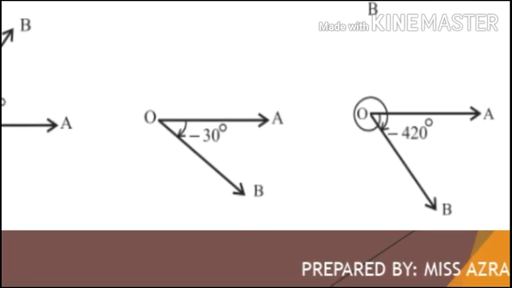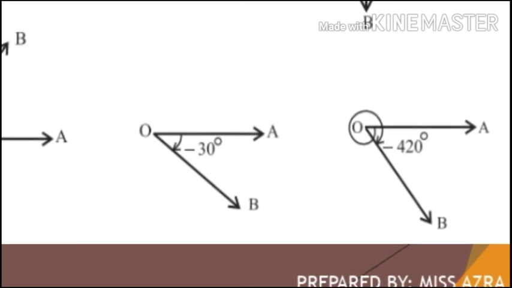Our fifth ray is where OA is the initial side and OB is the terminal side, and it makes an angle of 30 degrees, which is negative because the direction of rotation is clockwise.